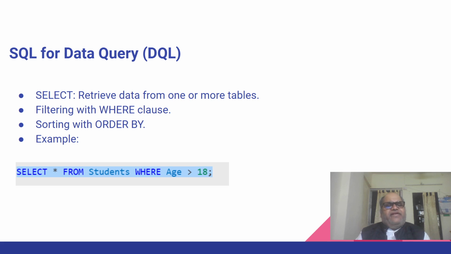SQL for data query, DQL. DQL commands help retrieve data from one or more tables. Primarily select, right? Then on top of that select, you might have other modifiers like where to filter records.